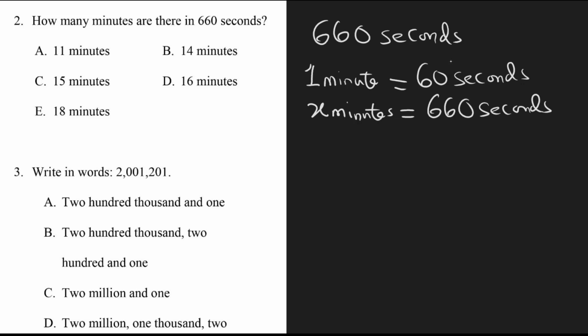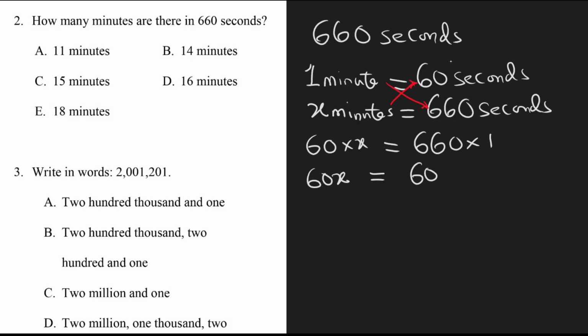So going by this, you cross multiply. If you cross multiply, you will have 60 times x is equal to 660 times 1, and 60 times x is 60x, right? Equals 660 times 1, which is still 660.